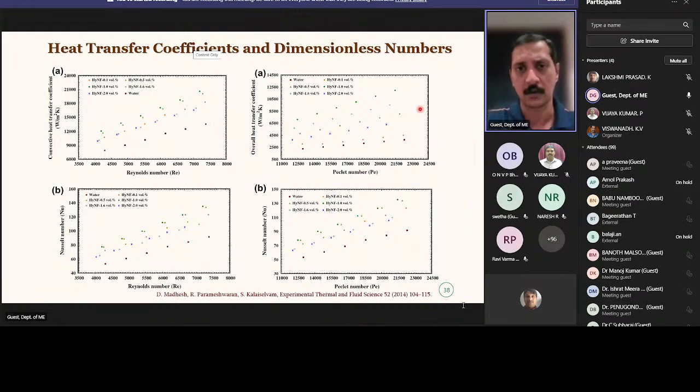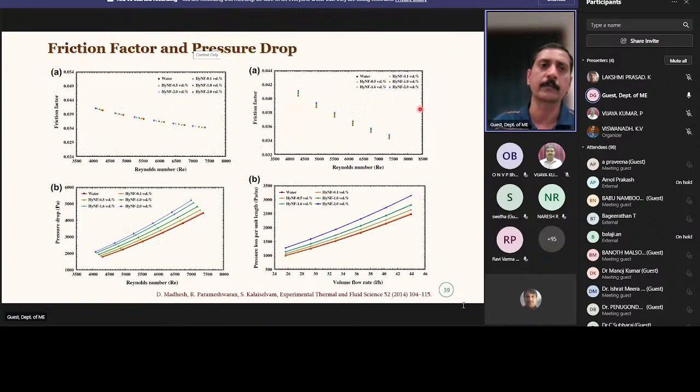That's what we call the nano convection effect. And Brownian motion to some extent, that means the Brownian motion of the molecules of the base fluid, also favored enhancing the convective heat transfer coefficient of our hybrid nanofluid.